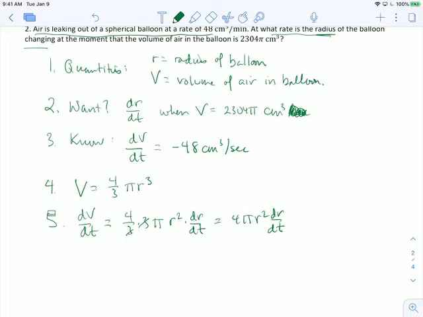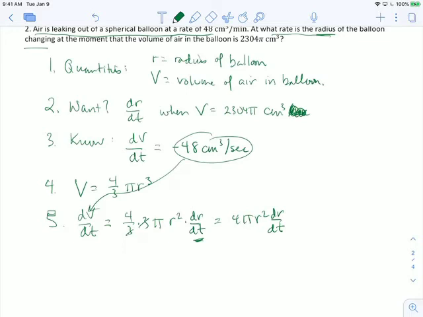And now I want to try to substitute in my information. I know that dV over dt is minus 48 cubic centimeters per second, so I'll be substituting this in right here. This is what I want. I want dr over dt, and so I'm going to have to figure out what to substitute in for r squared.